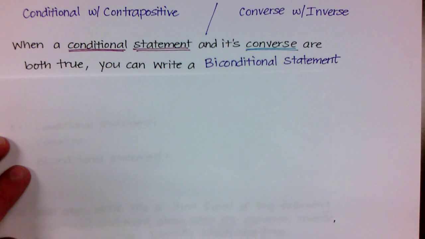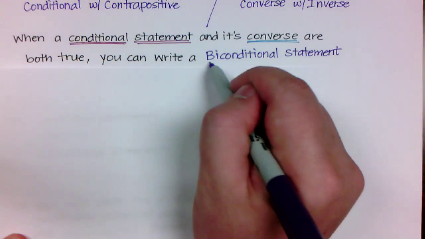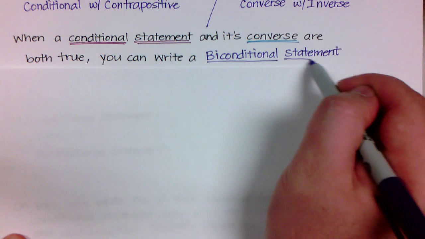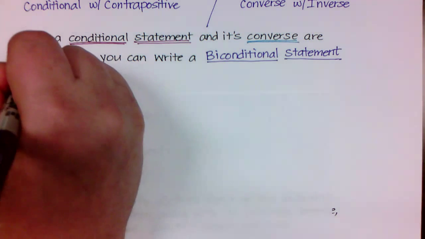So think of this. If the first original statement is true and its converse, so just writing it in the backwards order, is also true, you can write what's called a biconditional statement. And we write this by combining both of the statements together with the words if and only if. So let's write that down.